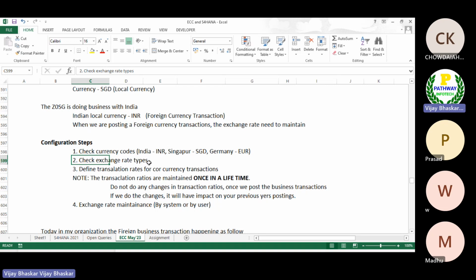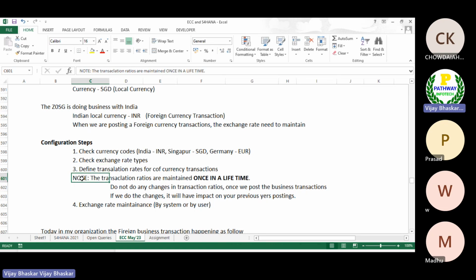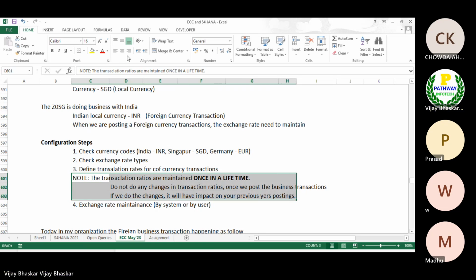Then check exchange rate types. This we will discuss. Then define the translation ratios for currency transactions. Remember, this is the important point I explained in yesterday's session. The translation ratio will be maintained once in a lifetime, so do not change it and do not encourage changing this one.